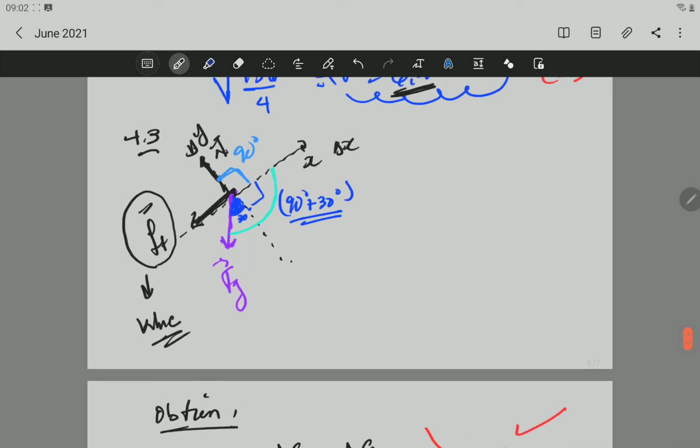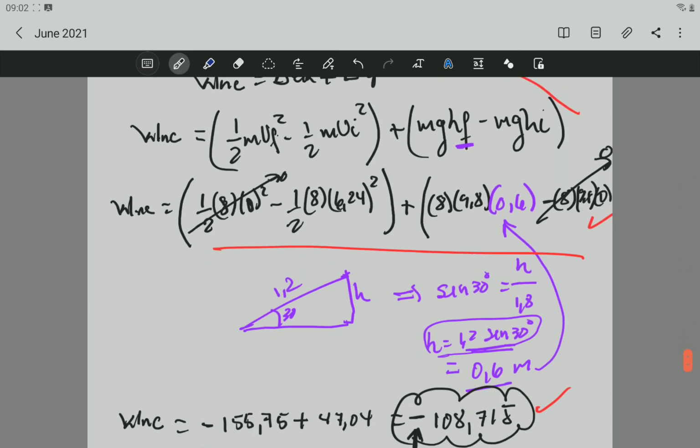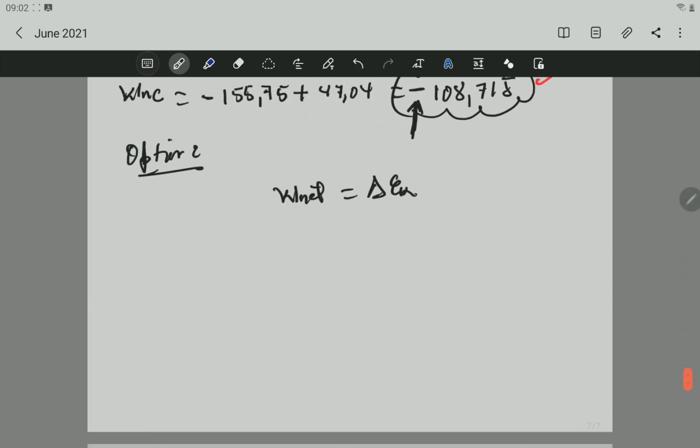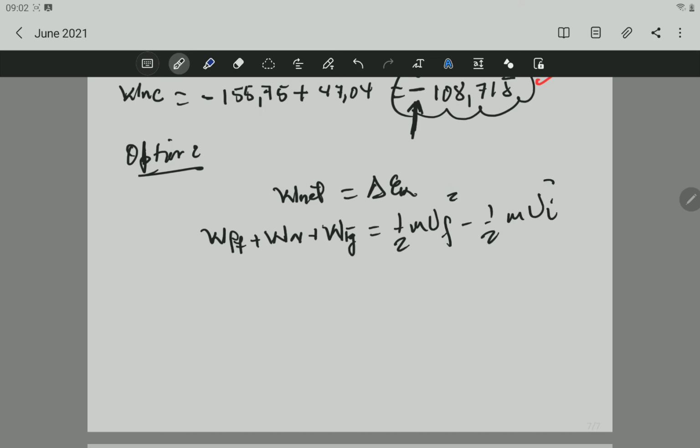There is the normal force, the frictional force, and the gravitational force. So this will be the work done by frictional force plus the work done by normal force plus the work done by gravitational force is equal to half mass final speed square minus half mass initial speed square.